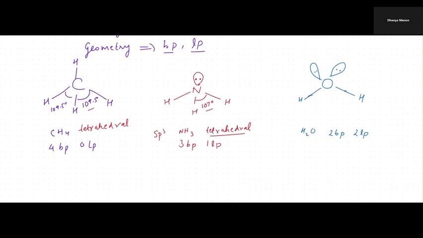And here also it is sp3 hybridization, and the geometry is tetrahedral. So here also the bond angle should have been 109.5, but it is seen to be 105 degrees. So the bond angle in case of ammonia and water should have been 109.5, but it is seen to be lesser.